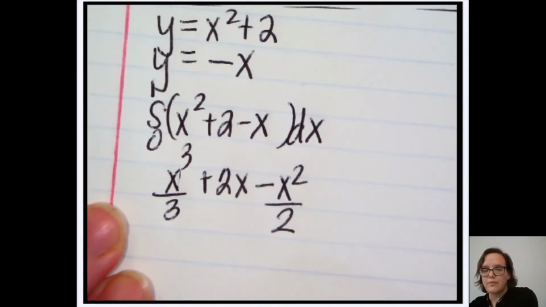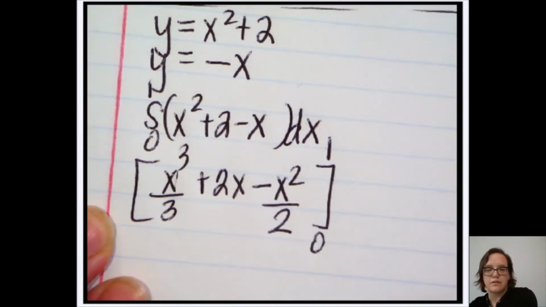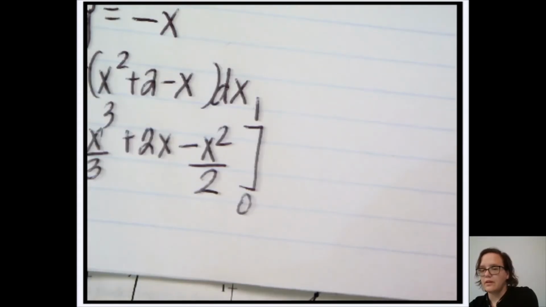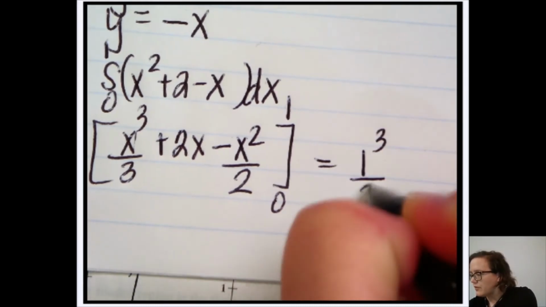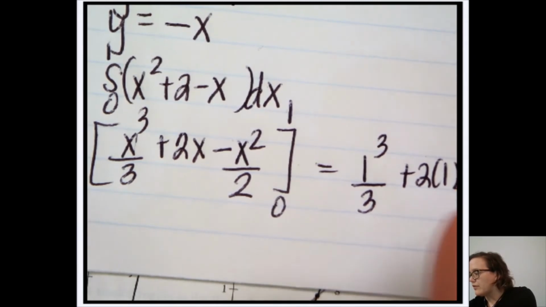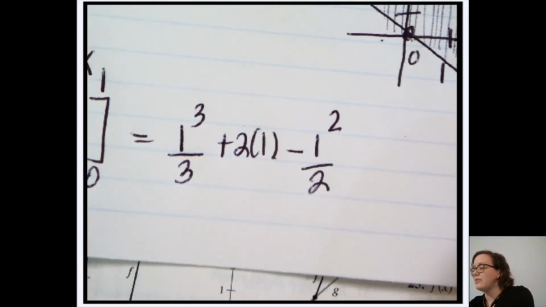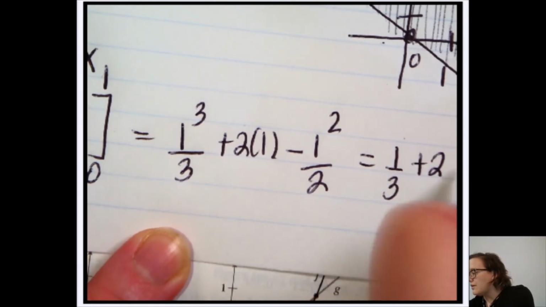All of those come from that power rule, and we want to do it from 0 to 1. There will be no c's on these because we will be integrating them from specific places. Now we plug in 1. So 1 cubed over 3 plus 2 times 1 minus 1 squared over 2. There's no need to put in 0 because these all have x's in them, so it knocks those terms out. So we end up with 1 cubed over 3 plus 2 minus 1/2.